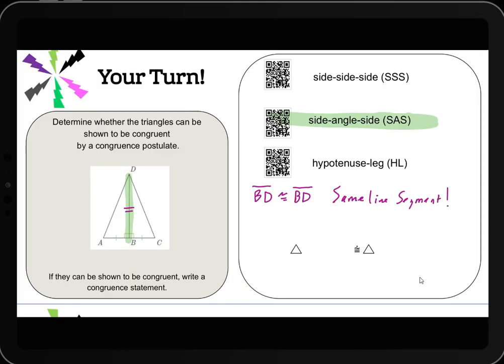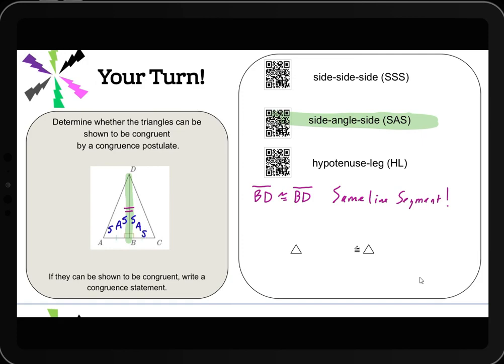We actually have a fancy name for that. It's called the reflexive property of congruence. Okay, having said that, recognize it's the same segment for both triangles, both right triangles. So therefore, it has to be congruent to itself. And what that does is it creates this relationship. You have side, an angle in between, and a side, side, an angle in between, and a side.